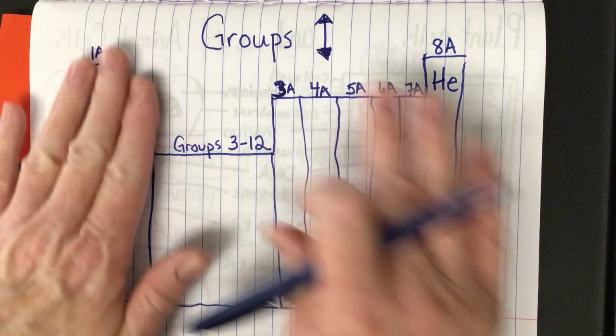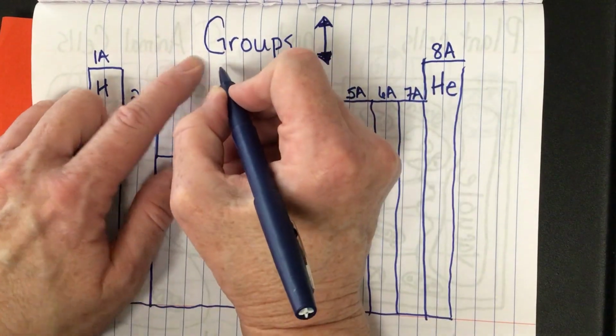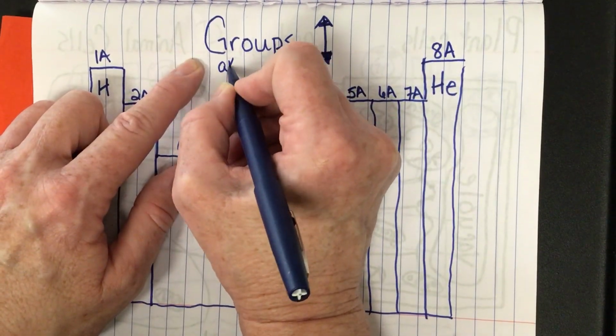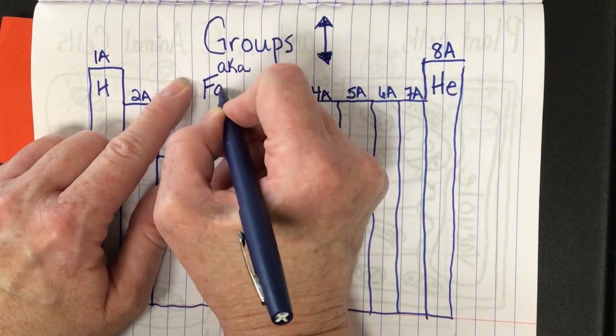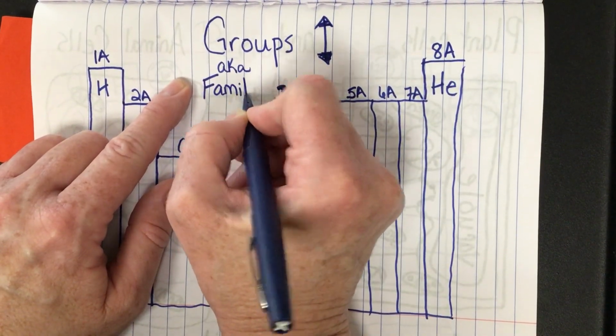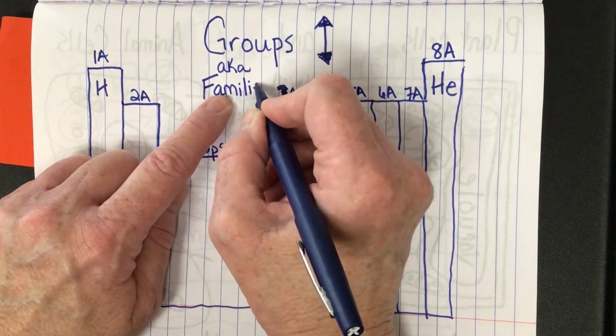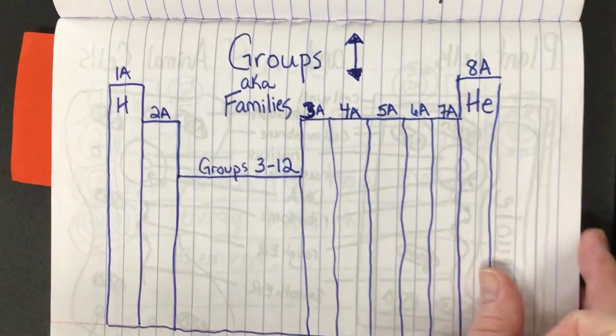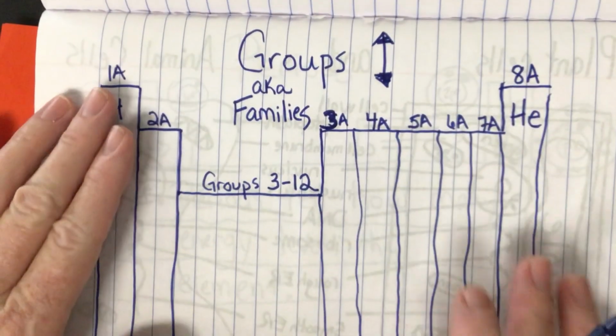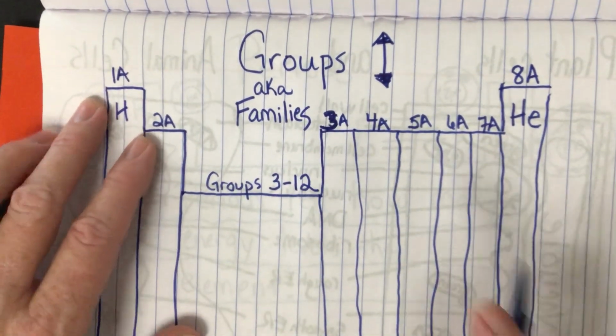Okay, these groups are also called families. Let's make sure I spell it right. Sometimes you'll see groups called families. And if we are blessed, we have a family we live with.